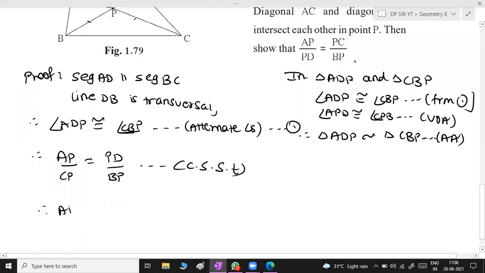So here it's AP upon PD is equal to CP upon BP. So basically this is by alternando, and hence we prove it.